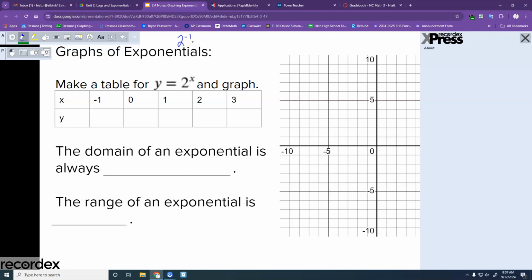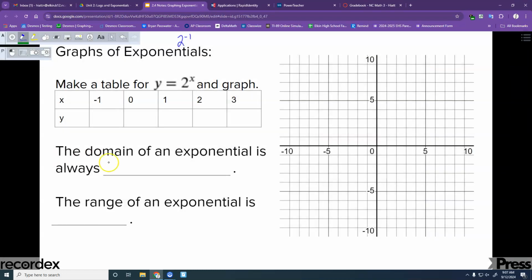We do a little bit of negative exponents in Math 1, but that's probably a topic you don't know about. We can use Desmos on everything, so typing it in is perfectly fine. It's going to give you 0.5. I'm going to hold off on it for a second, just to show you where that comes from, okay?